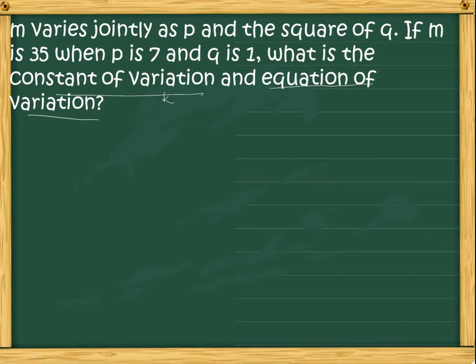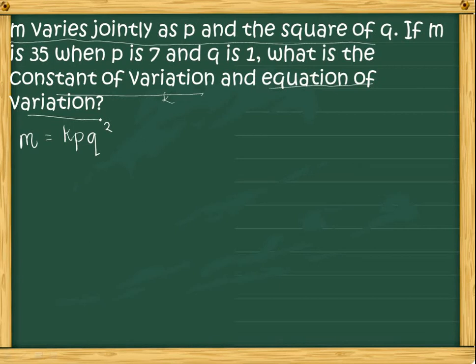Saan manggagaling yung equation natin? Manggagaling yun sa unang statement. So yung unang variable na binanggit ay si M. M is equal to, we have the word jointly as P and the square of Q. So multiply lang natin si K kay P and kay Q, pero si Q ay naka-square. So M varies jointly as P and the square of Q. When we write it into an equation, that is M is equal to K P Q squared.